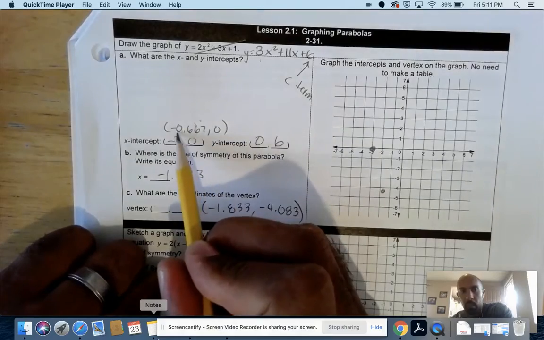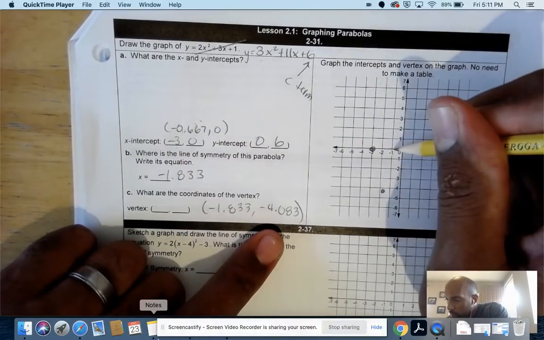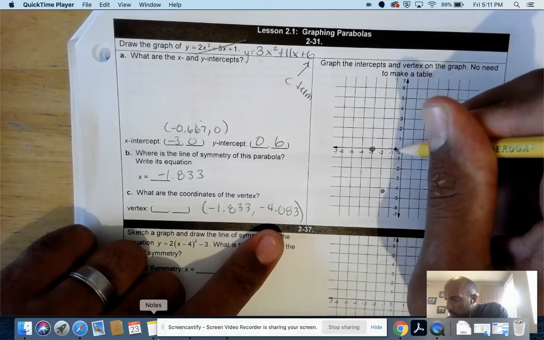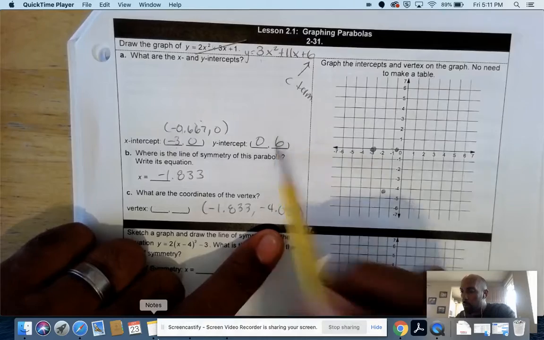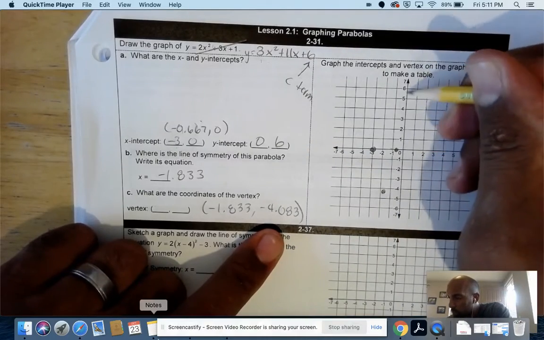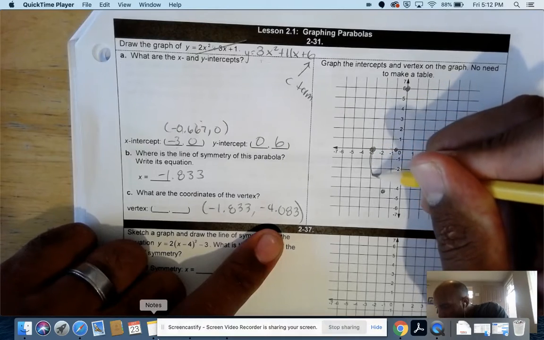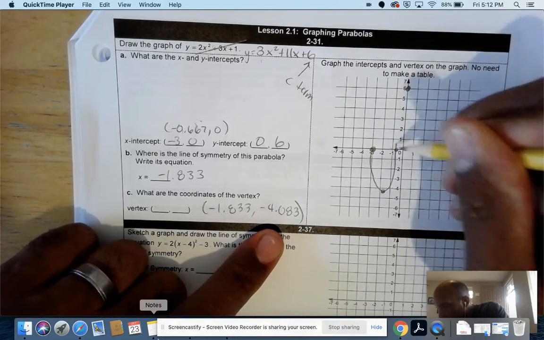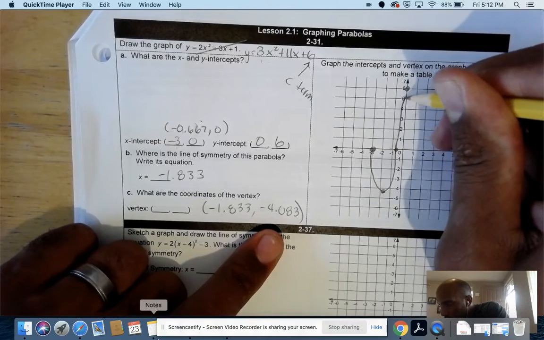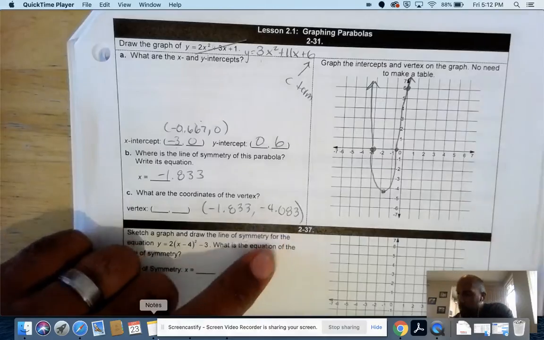The other x-intercept is -0.6, so it's a little bit before -1, about right there. Then we have our y-intercept of 0, 6. Just do your best to make a nice U. Always have a little curve at the bottom, then bring your point up to make sure it crosses the y-axis, and there's your graph.